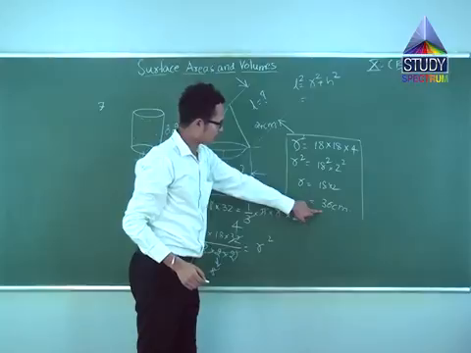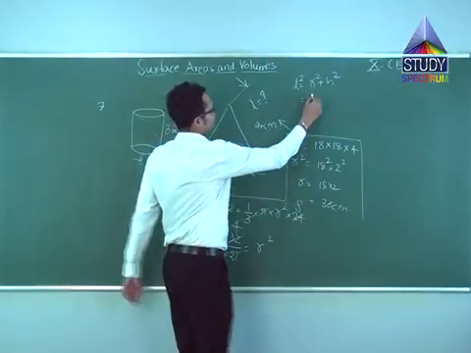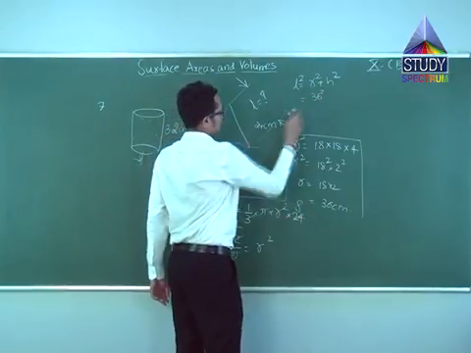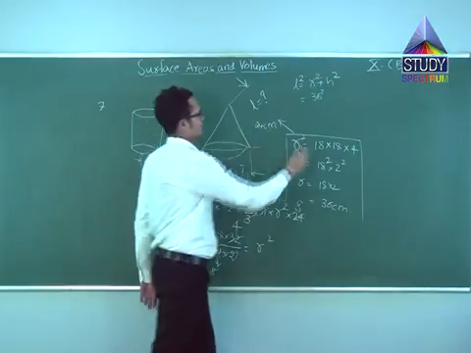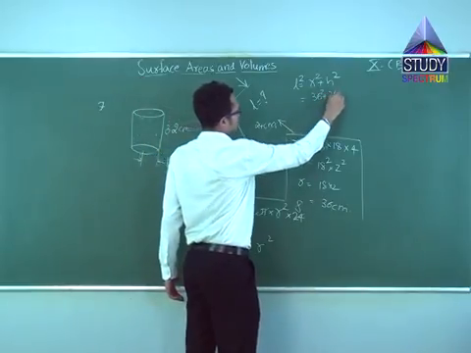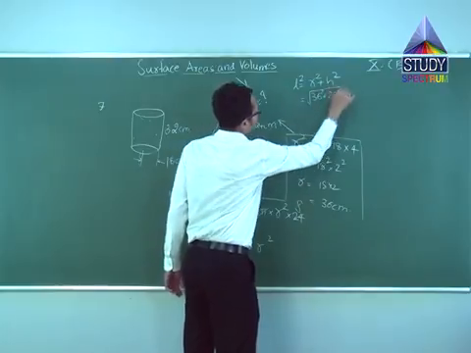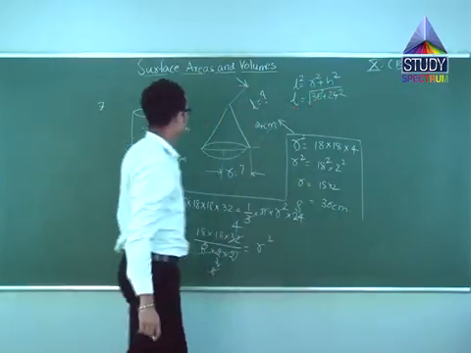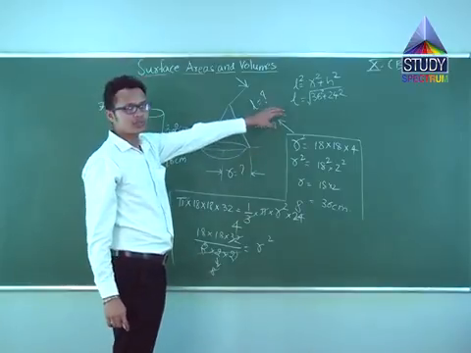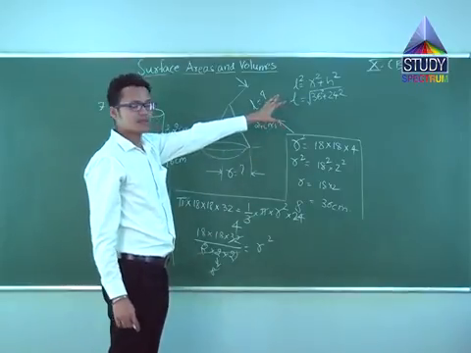R, which we have found out, is 36 square. Height is 24 square. So write 24 square, and the whole thing is under root. Let's find out 36 square and 24 square separately here.